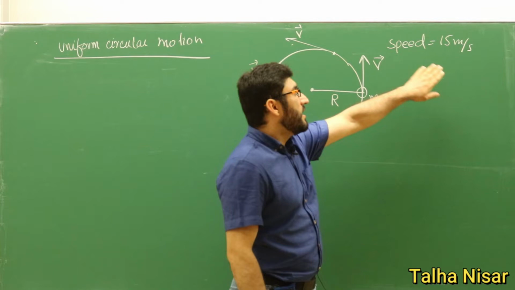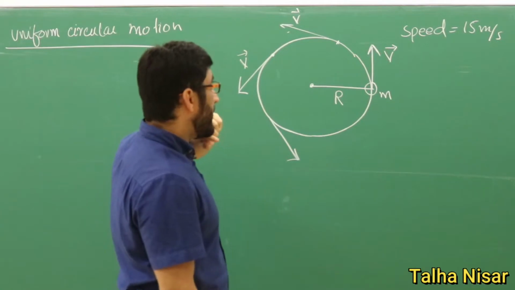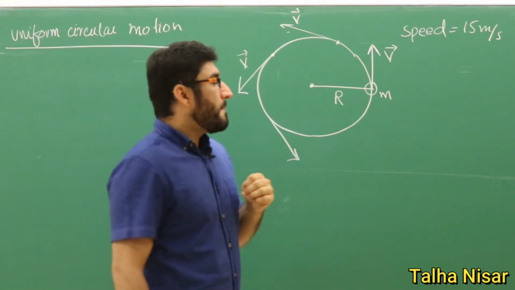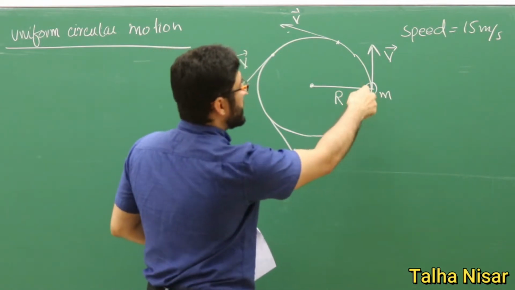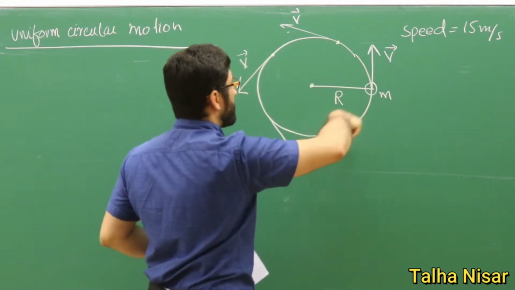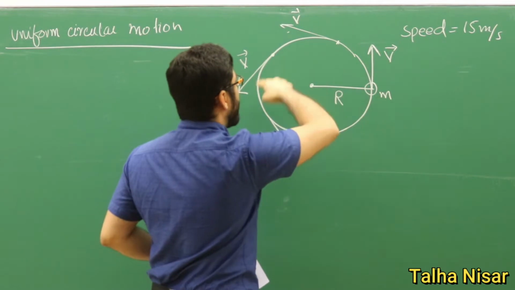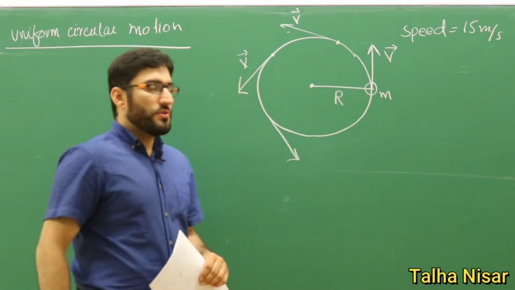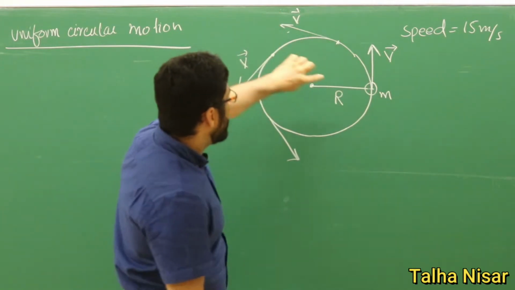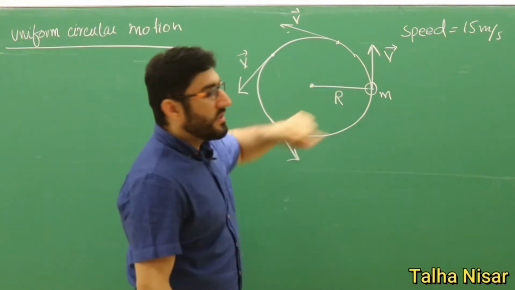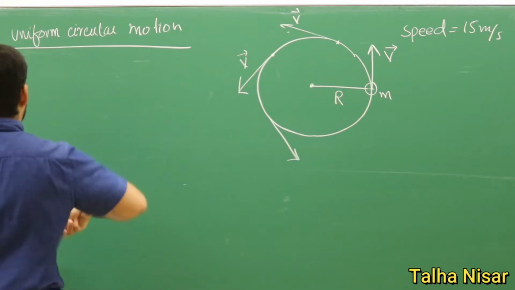And now we talk about the terms that are related to uniform circular motion. The first term is the time period. The time period is the time that this object takes to complete one rotation. So when the object starts from, for example, here, and completes one rotation, that time is called the time period.